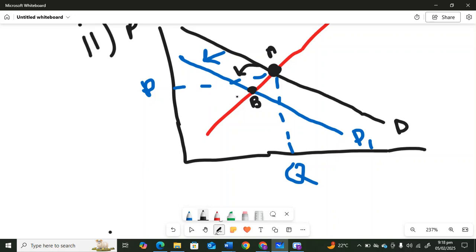This movement translates into a reduction in price, as we can see, price goes down from P to P1, and also a reduction in quantity from Q to Q1.